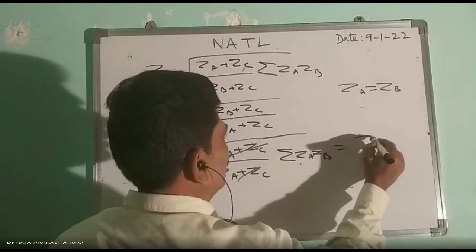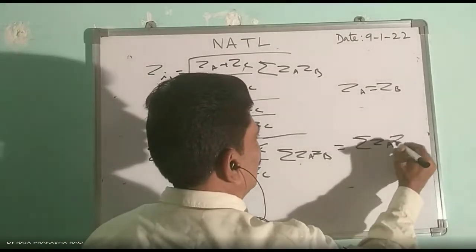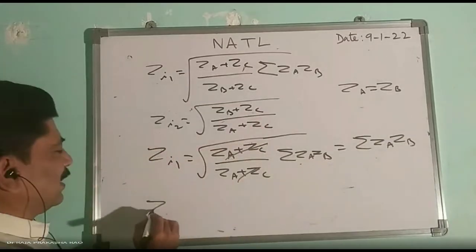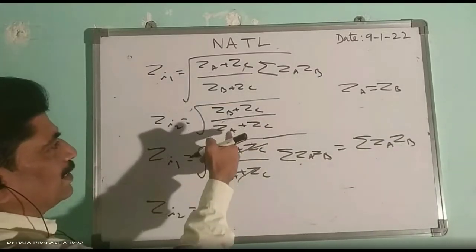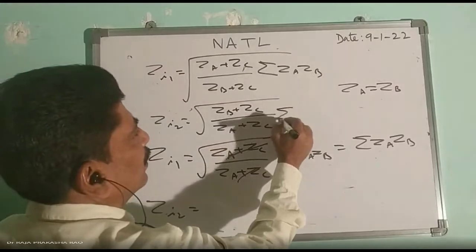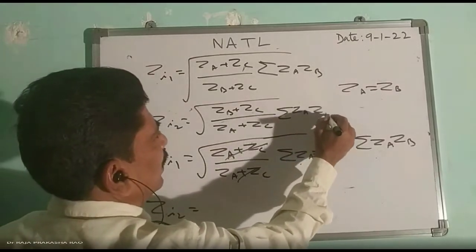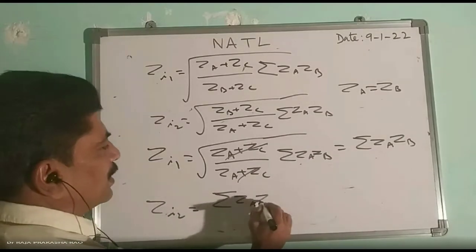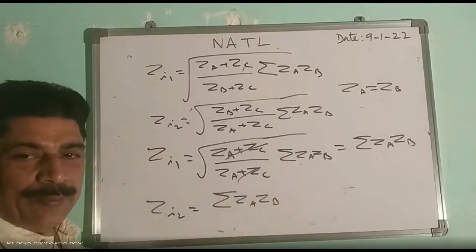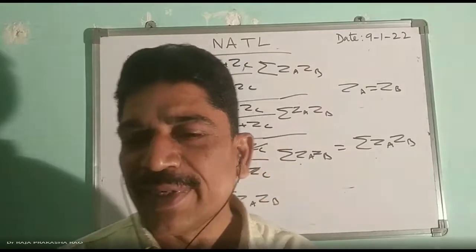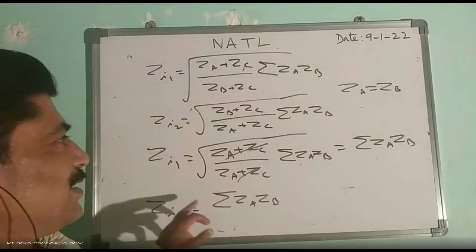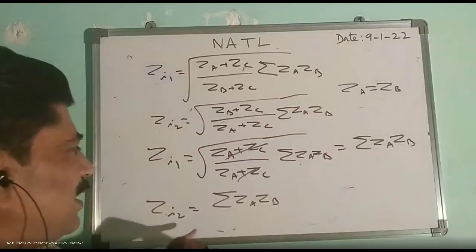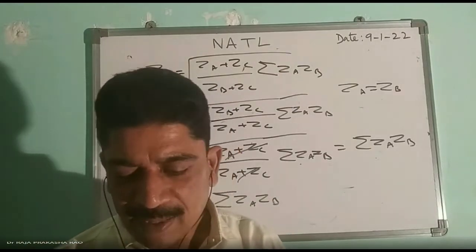Similarly, Zi2, if you put ZA equal to ZB, you will get the square root of sigma ZAZB. These are the two impedances. When the network is symmetric, Zi1 and Zi2 are both equal to the square root of sigma ZAZB.